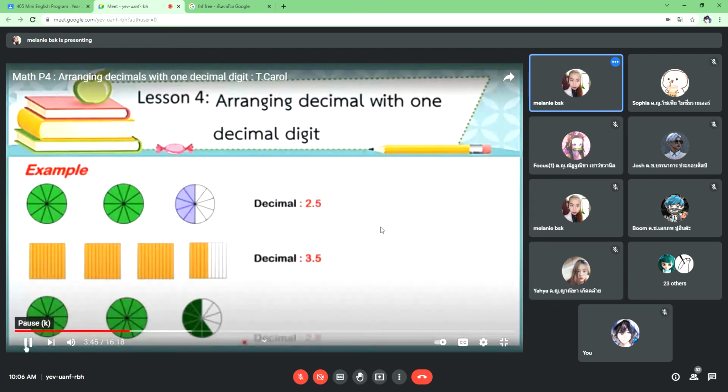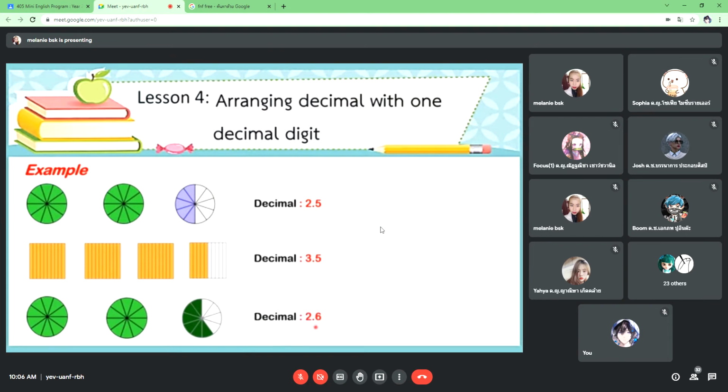In decimal, it's 2.6. Why is this one 6? Because there are 6 shaded parts out of 10. So there are 2 circles in full color and 6 fractional parts: 1, 2, 3, 4, 5, and 6.